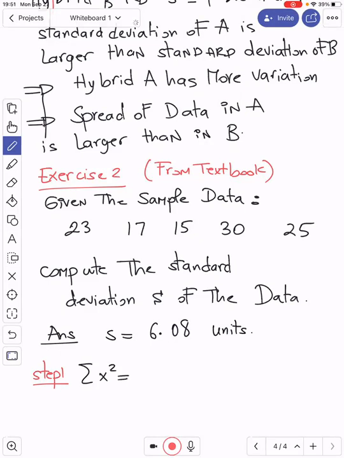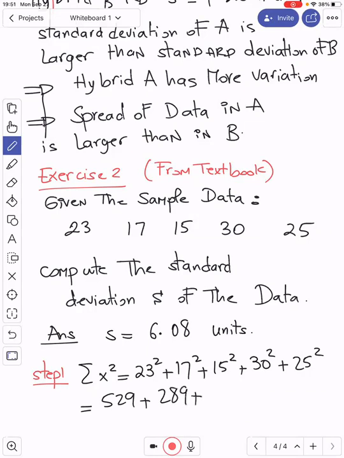This is 23 squared plus 17 squared, plus 15 squared, plus 30 squared, plus 25 squared. So 23 squared is 529, plus 17 squared, that will be 289.